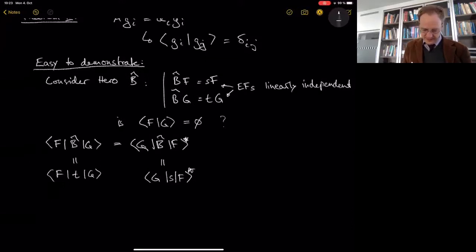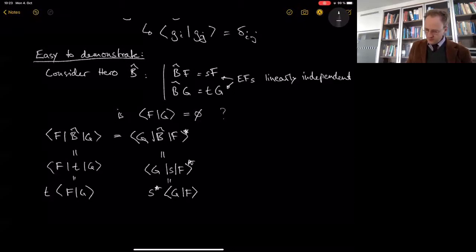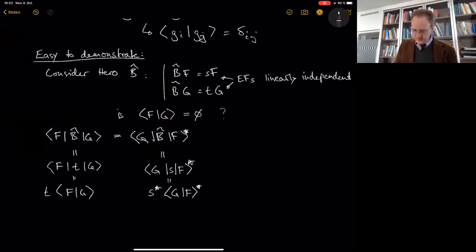This means that t f g is on your left-hand side, and on your right-hand side you have s g f. And now we know that this is s f g. Okay.